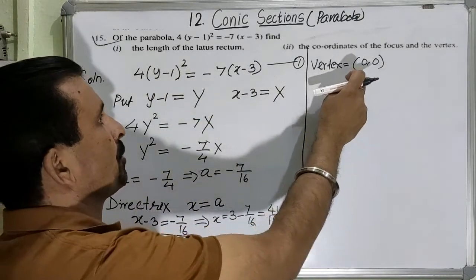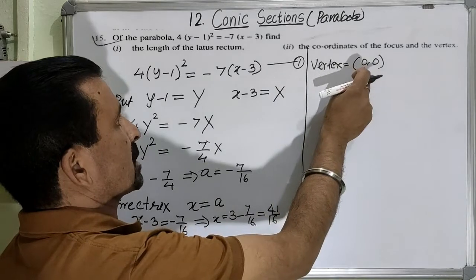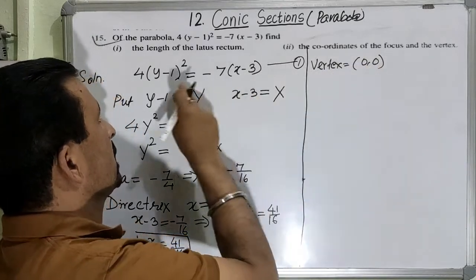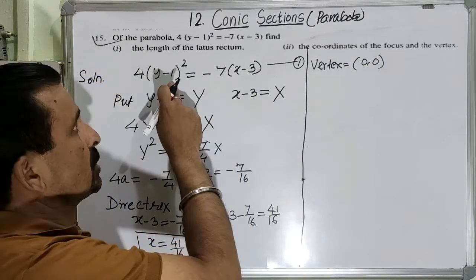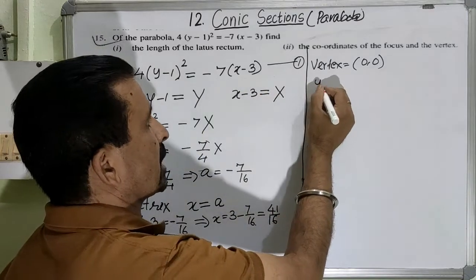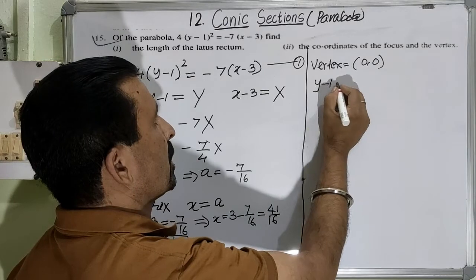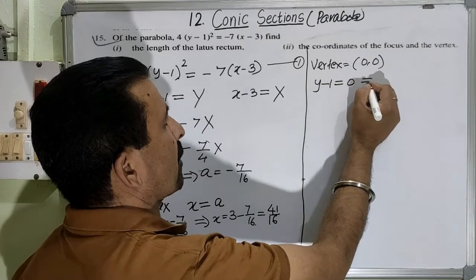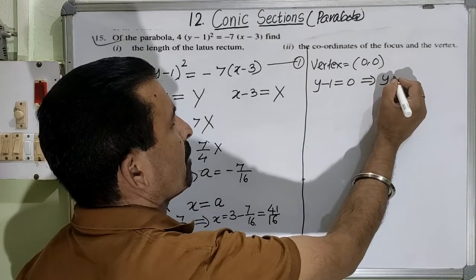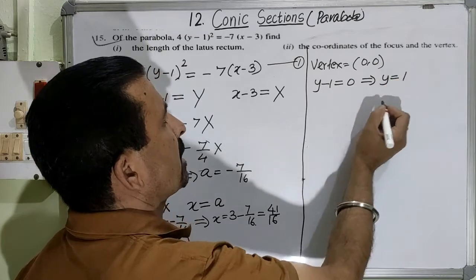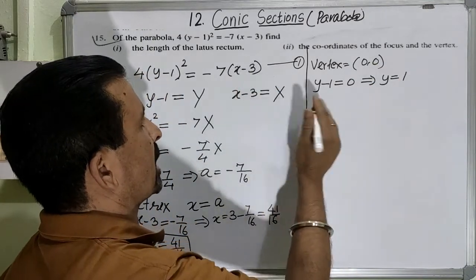Now this is x coordinate, this is y coordinate. So y coordinate in your equation is y minus 1. So on comparing, y minus 1 will be equal to 0, and therefore the y coordinate for your parabola will be equal to 1. And similarly, we can calculate the x coordinate for that parabola.